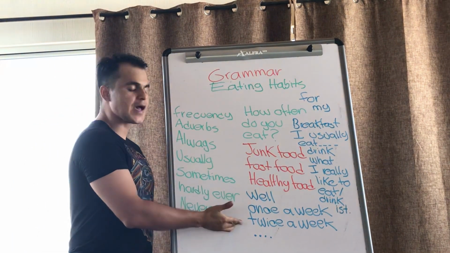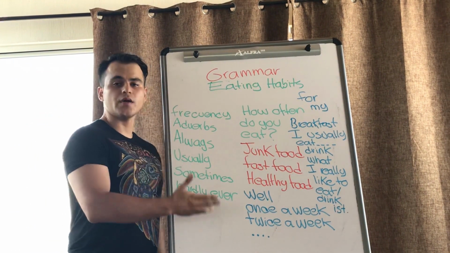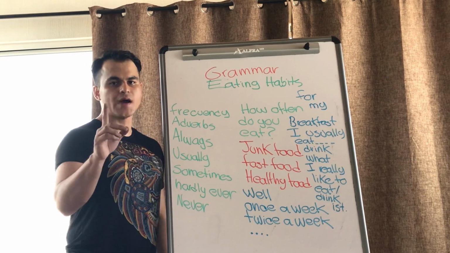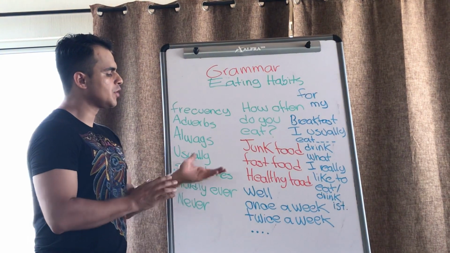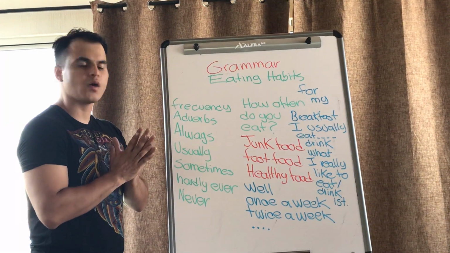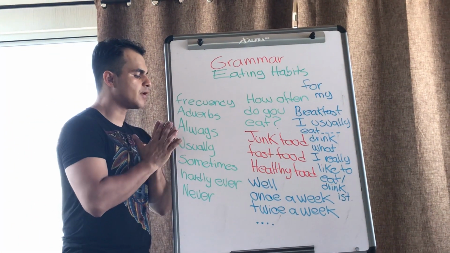We can use this kind of expression also. Well, actually once a week, twice a week. And we just need to understand the vocabulary that we have: junk food, fast food, and health food.